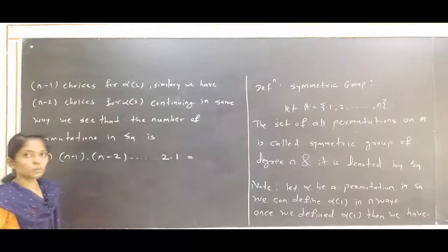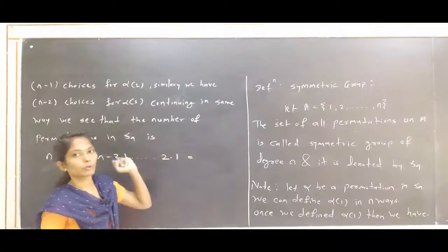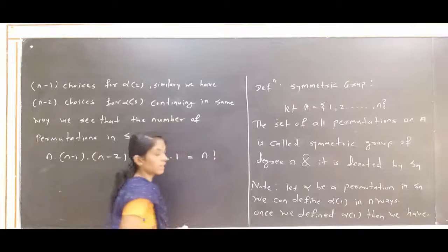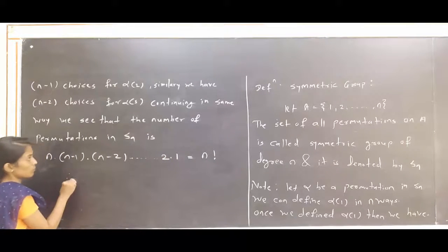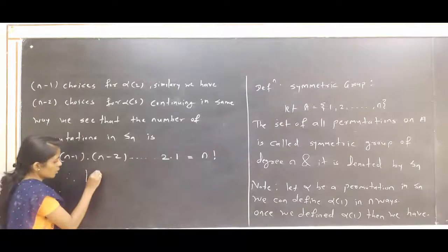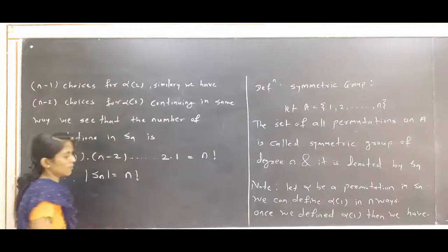So here we know that this is nothing but n factorial. That means we get the total number of permutations in Sn is n factorial. That is, the order of group Sn is n factorial.